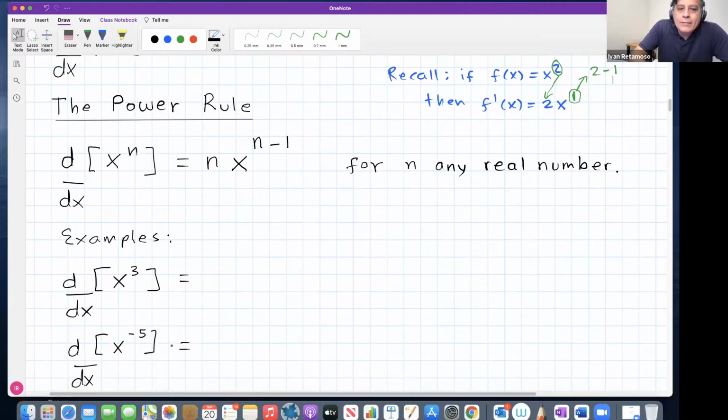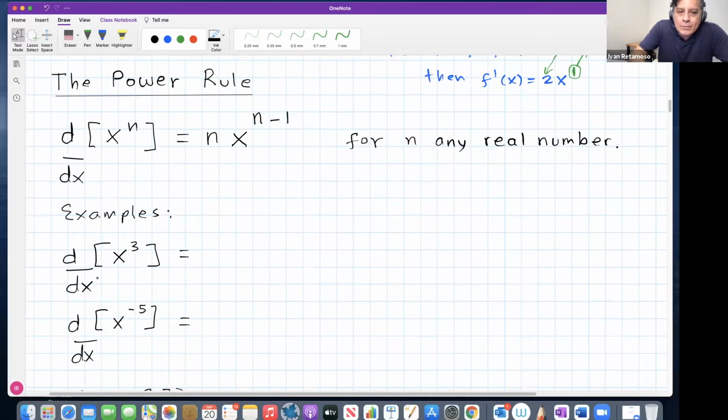So now, examples. Derivative of x cubed with respect to x. Applying our power rule, this number 3 should come down, you bring it down. I can see some students readily writing the answer for this. 3 up front, x raised to what? 1 less, 3 minus 1.